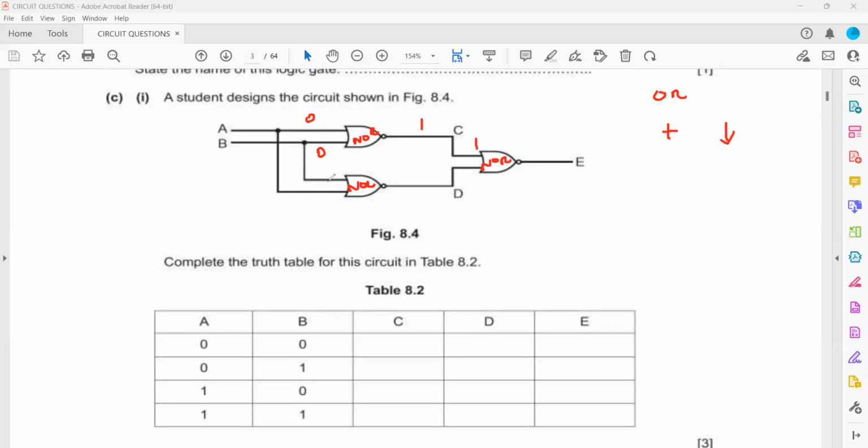And the same thing, 0 from here and 0 from here, so 0 plus 0 is 0, passes to the inverter, makes 1. And 1 plus 1 is 1, passes to the inverter, makes it 0. So C will be 1, D will be 1, and E will be 0. So in this way, we have to complete the truth table.